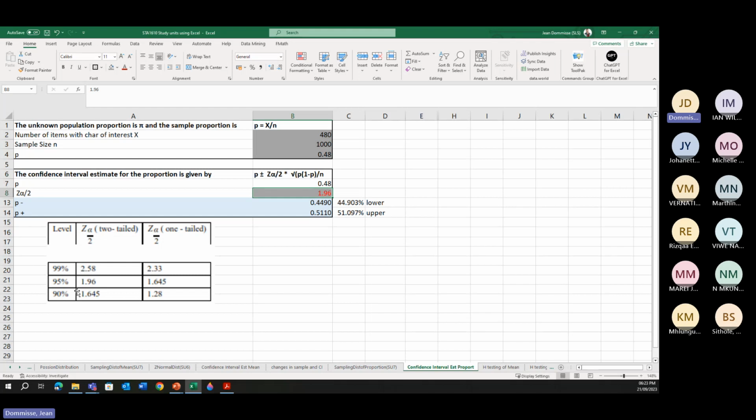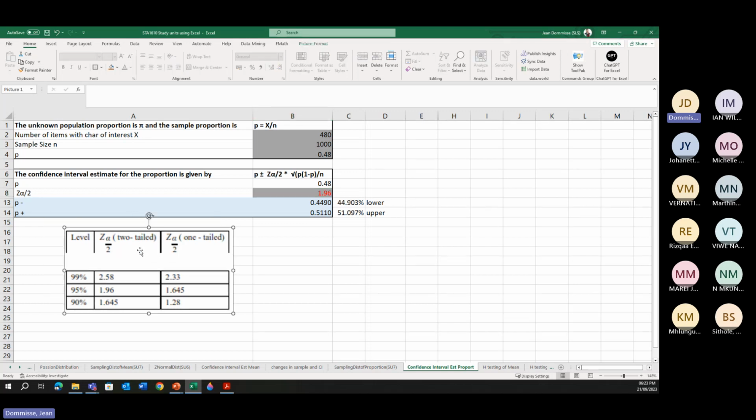The Z's you will need to use are the ones on this small table. You don't need to worry about any other Z. With both the mean and the proportion, the Z's will always be for 99, 95, and 90%.